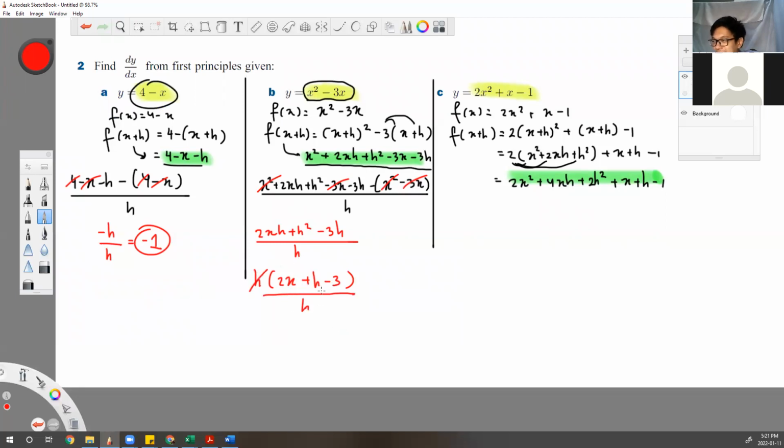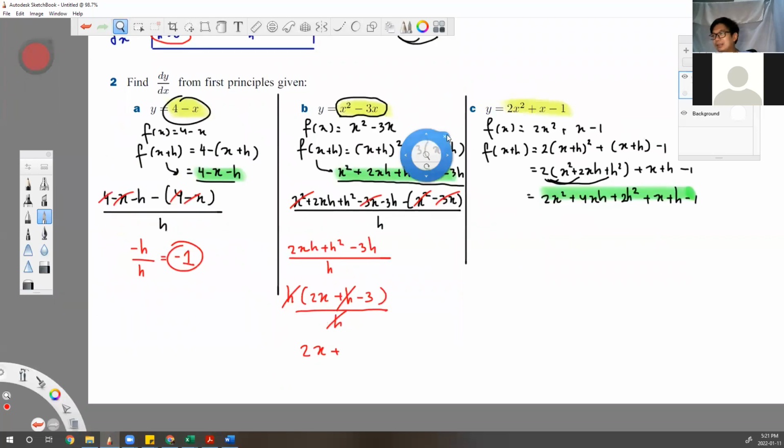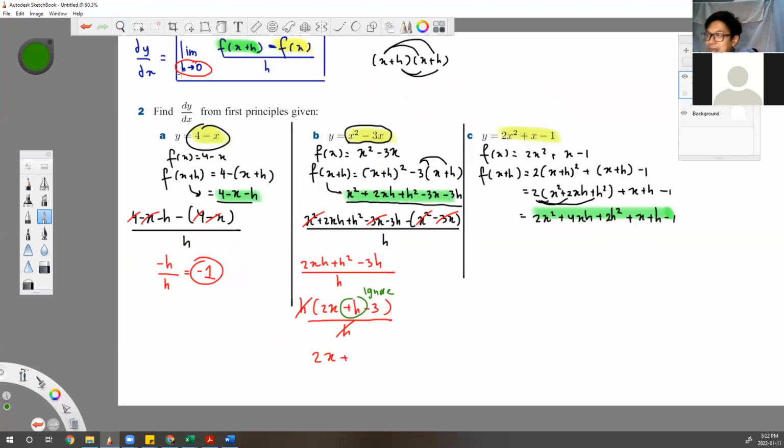Then you can cross out, and then 2x plus h. Remember, h is always near to 0, so you can just ignore it. Wait, I have to use another color. It is ignorable. On the first principle, h is near 0, meaning it is always 0.